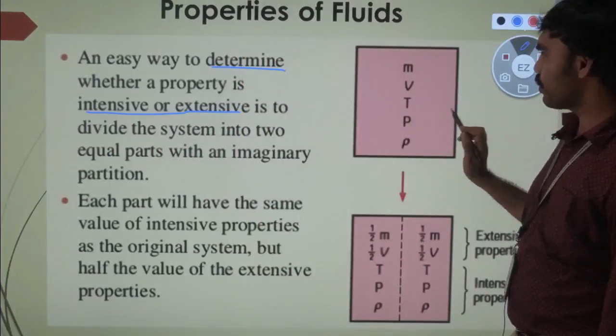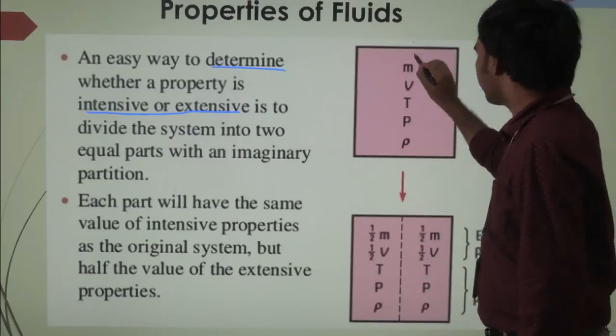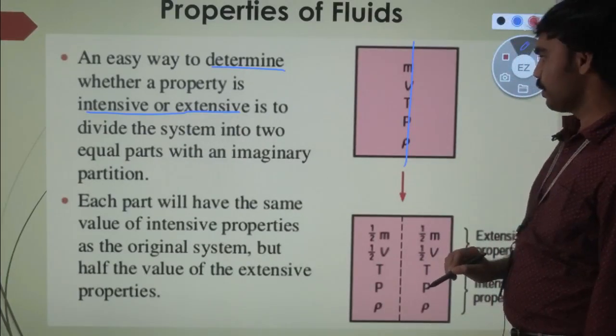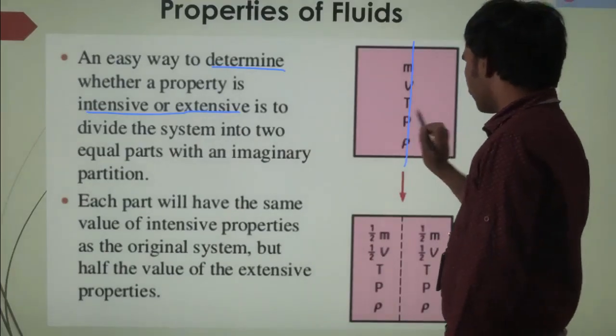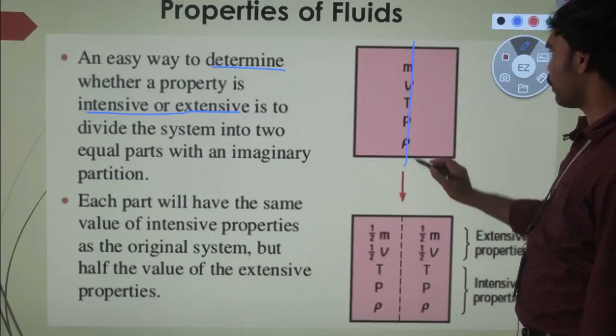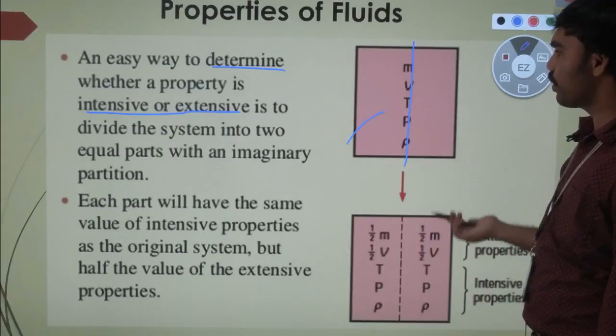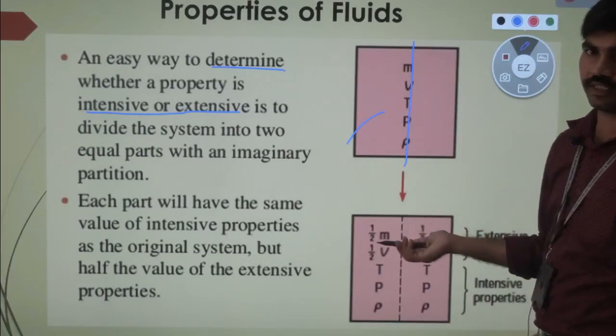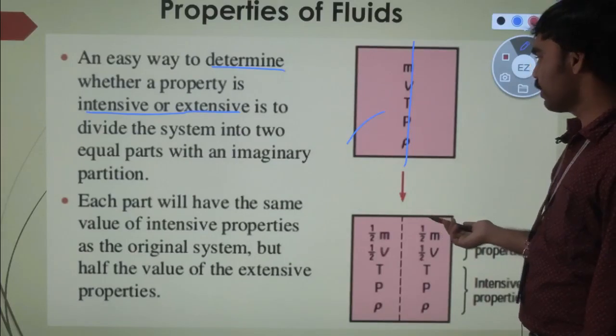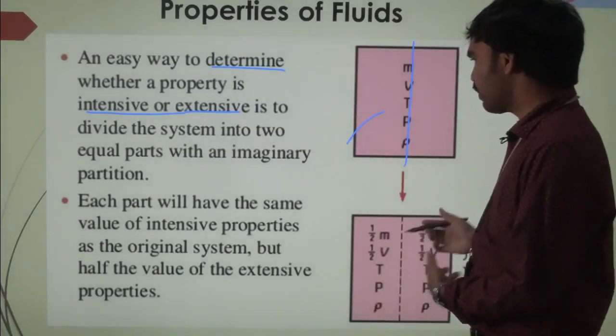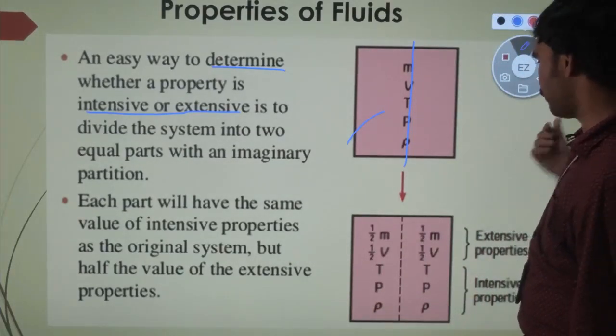Determining this is very easy. If you take any system and divide it into two equal parts, and the property you are looking at is the same in both halves, then you can call it an intensive property. If the property varies when you divide it into two halves, then it is called an extensive property.